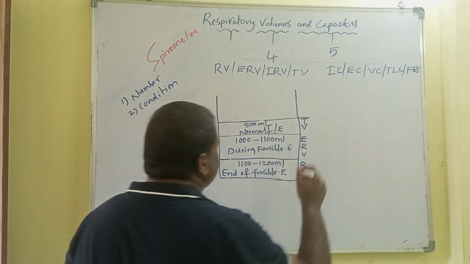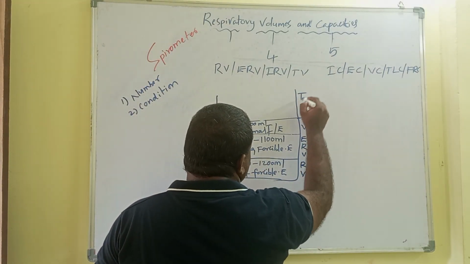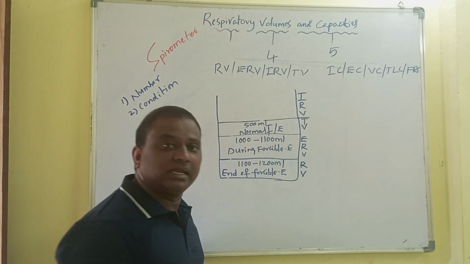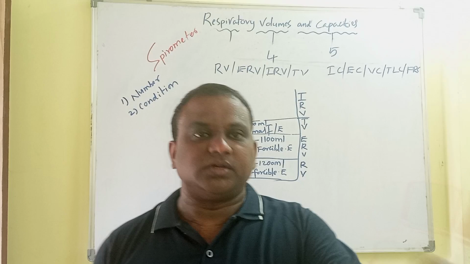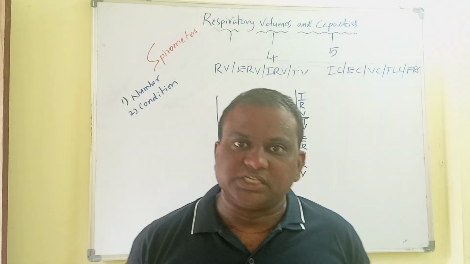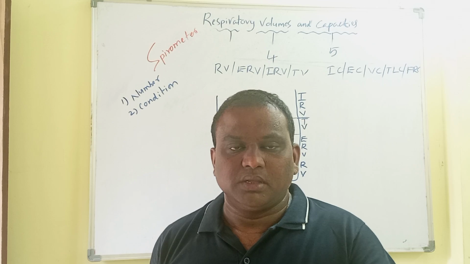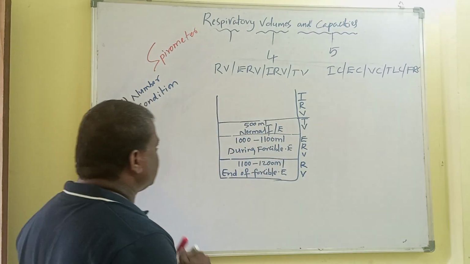Now what is the last one? It is inspiratory reserve volume. When it comes to reserve, it is during forcible. When it comes to inspiratory reserve volume, it is during forcible inspiration this much air. What is this much?